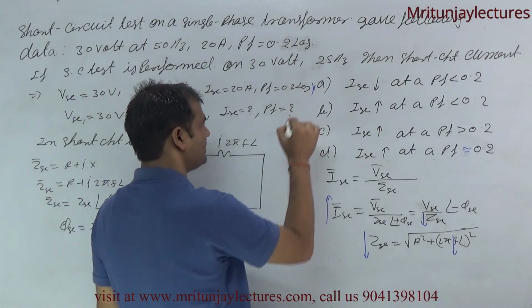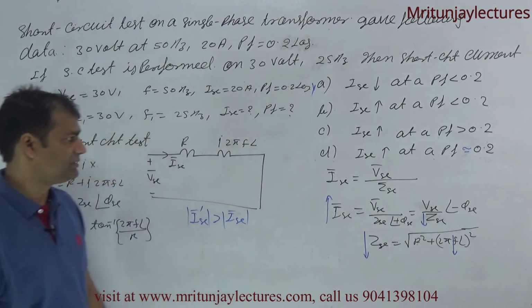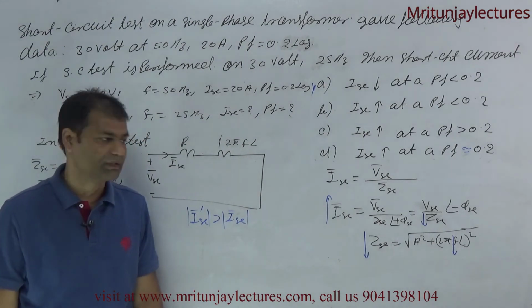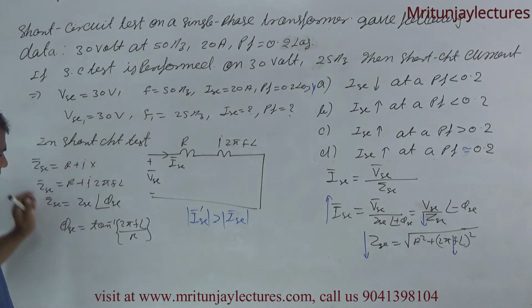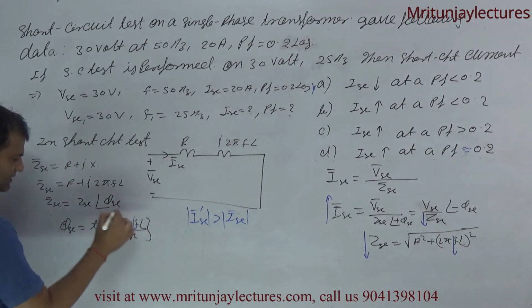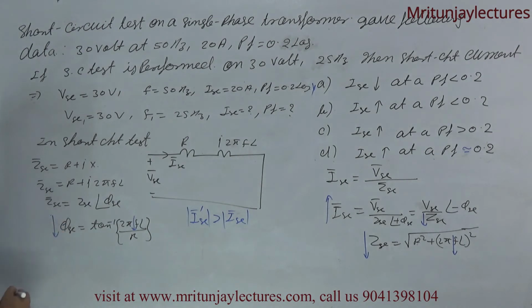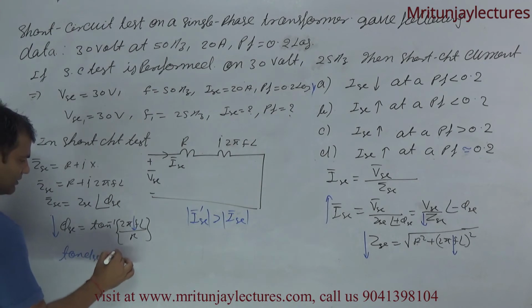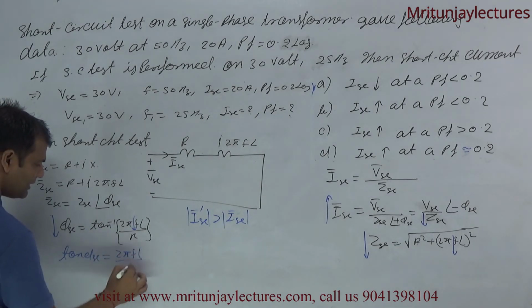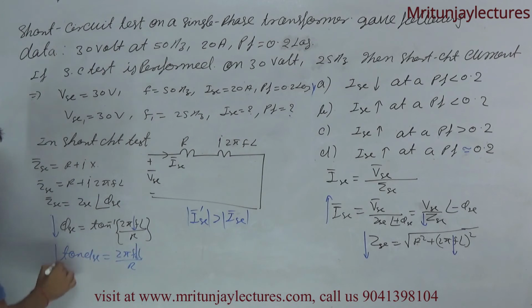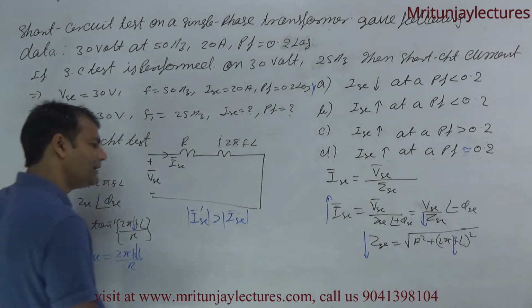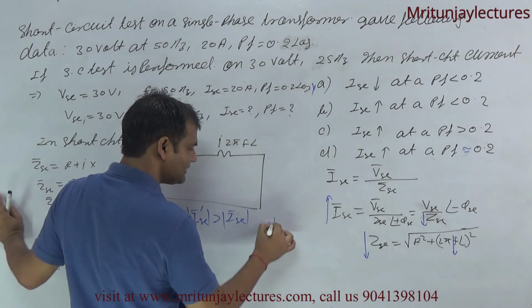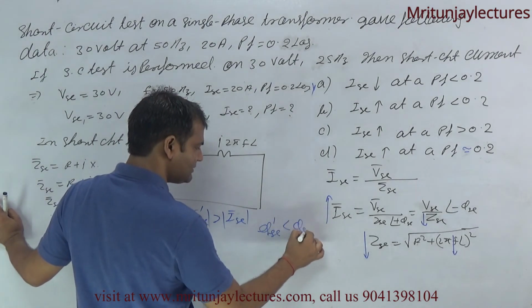So which one is correct? A is not correct, but between B, C, D, which is the more effective answer? First of all, that is clear. Now another way: if frequency decreases, what about phi SC? It also decreases, since tan phi SC is 2 pi f into L divided by R. If f decreases, phi SC also decreases. It means phi SC dash is less than phi SC.